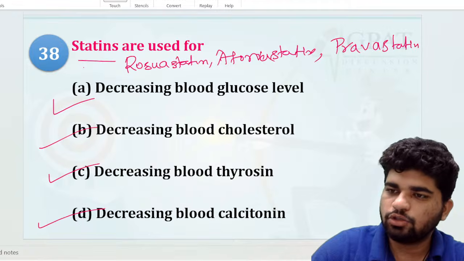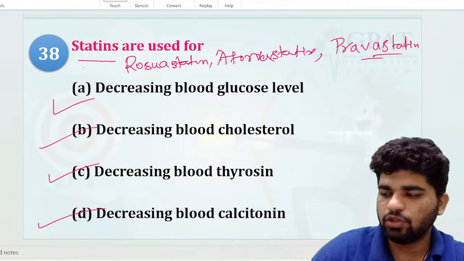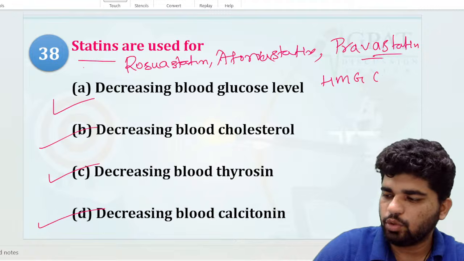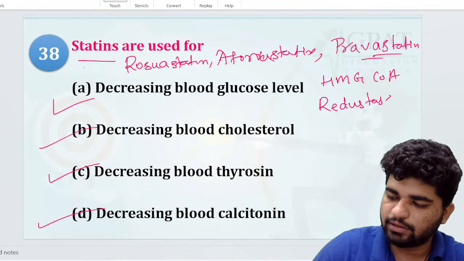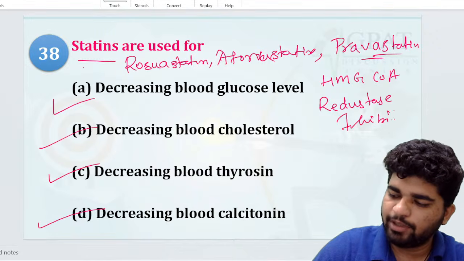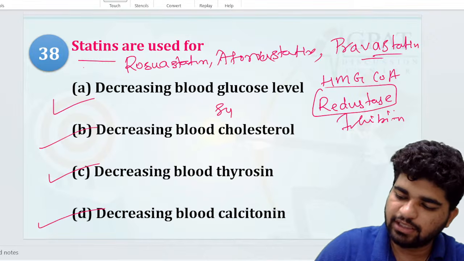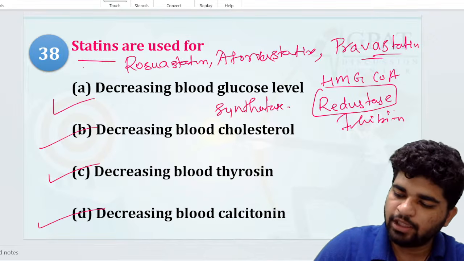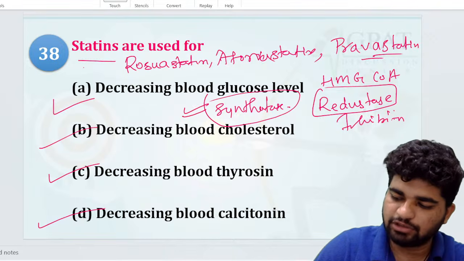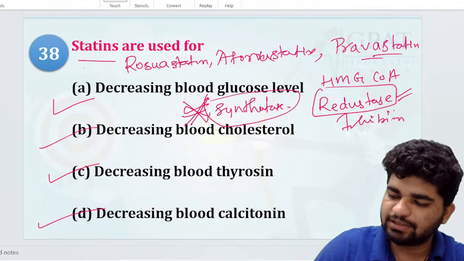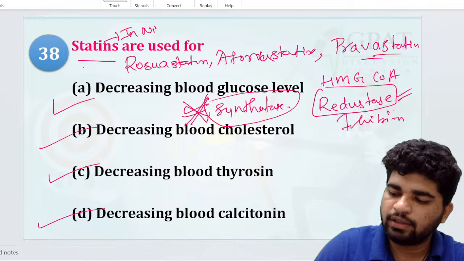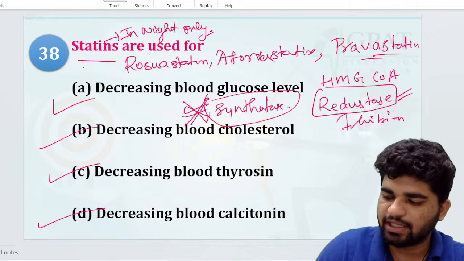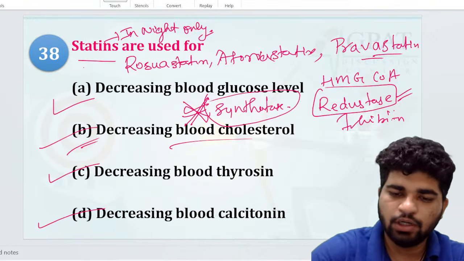All those statin kinds of drugs are considered to be HMG coenzyme A reductase inhibitors. Don't confuse reductase with synthetase. I saw many questions doing synthetase. No, it's wrong. Reductase is right. And statins should be used at night only. In night only you should be using simvastatin. Very good. So, decreasing blood cholesterol level.